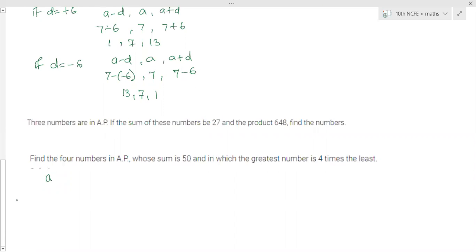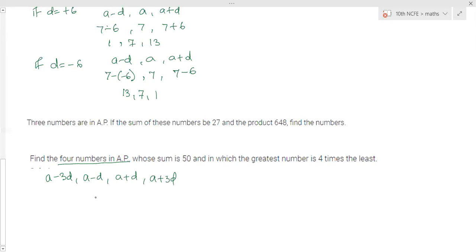Ronak, are you there? Then what consideration has to be done for 4 numbers in AP? Ma'am, A minus 3D, A minus D, A plus D, and A plus 3D.